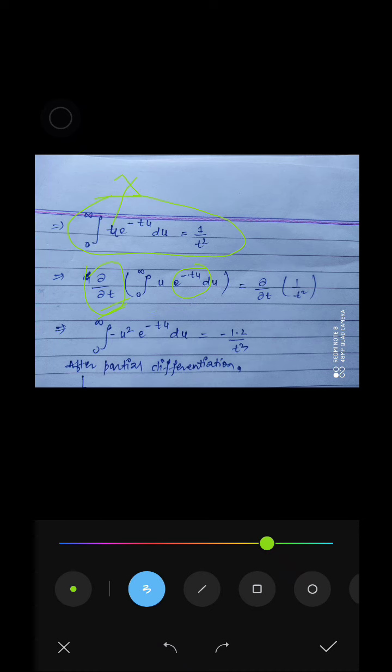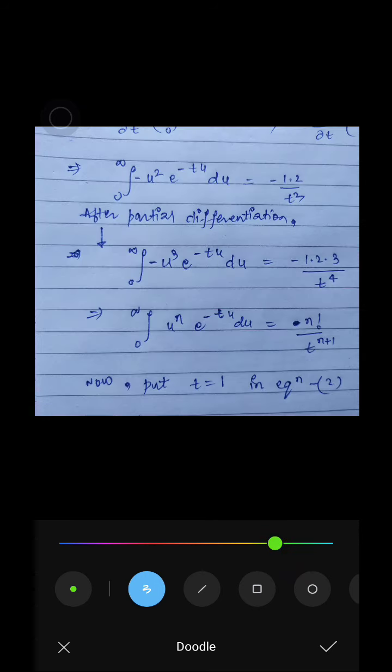And again the partial derivative of this function is going to be minus 2 over t cube. This is the most basic one, and the overall equation goes like this. When the mu comes from here, we write it as mu square e raised to the power minus t mu and minus 2 over t cube, after two partial differentiations with respect to t.